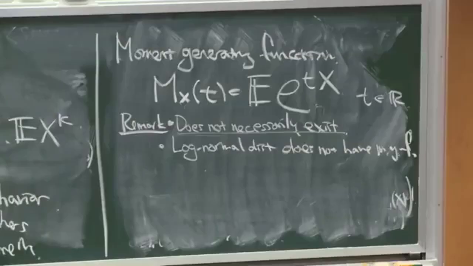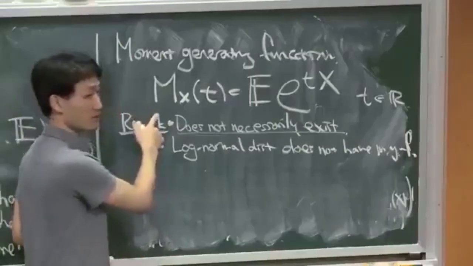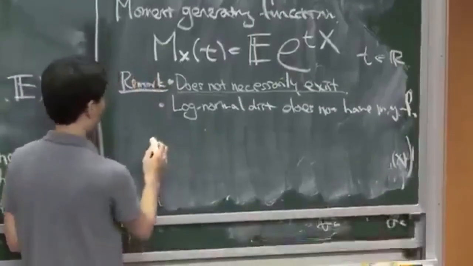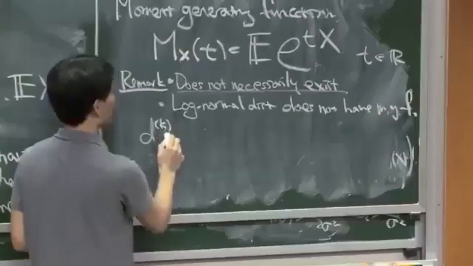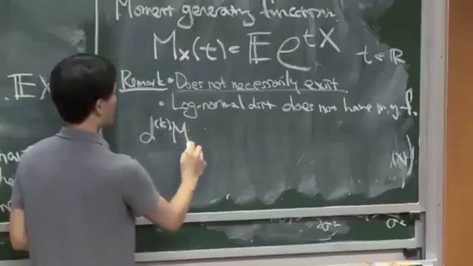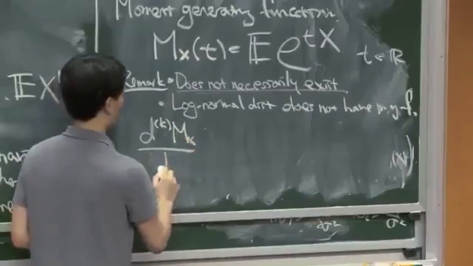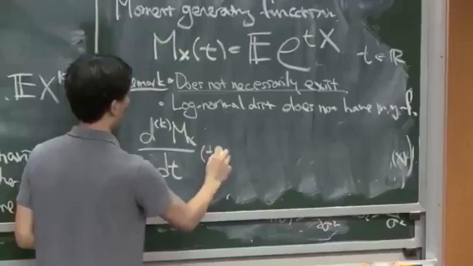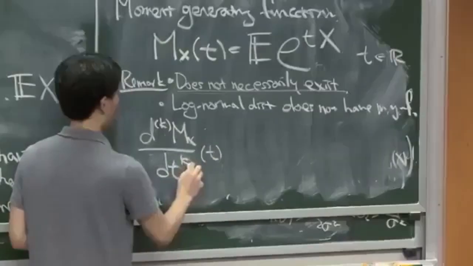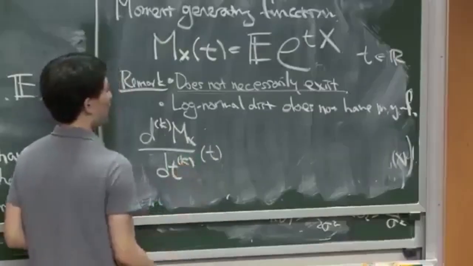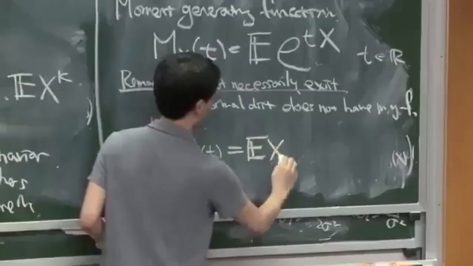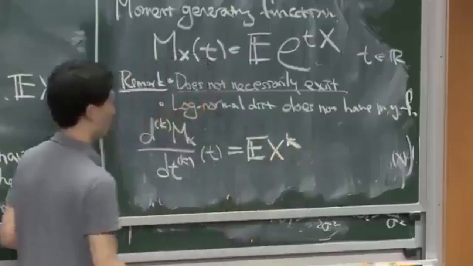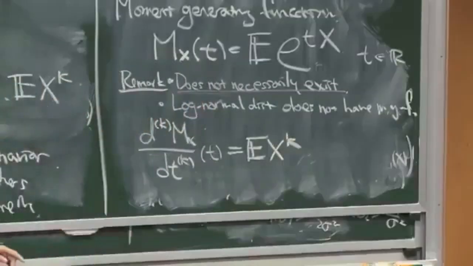Before going into that, first of all, why is it called the moment generating function? Because if you take the k-th derivative of this function, then it actually gives the k-th moment of your random variable, for all integers k.